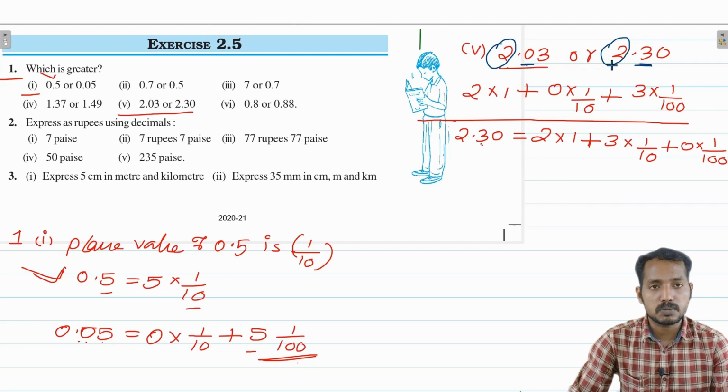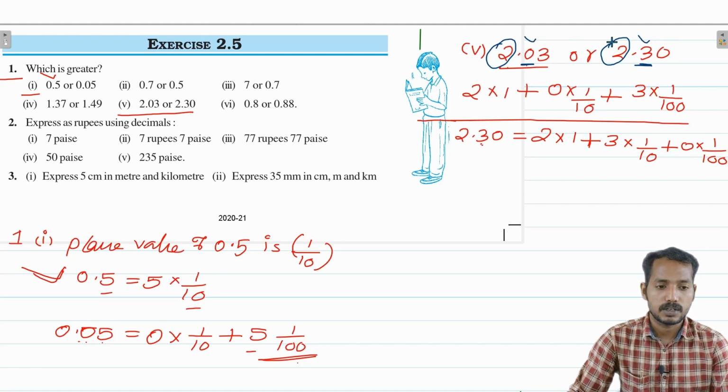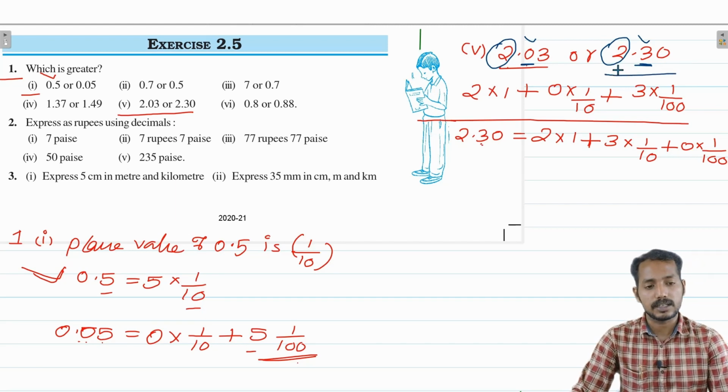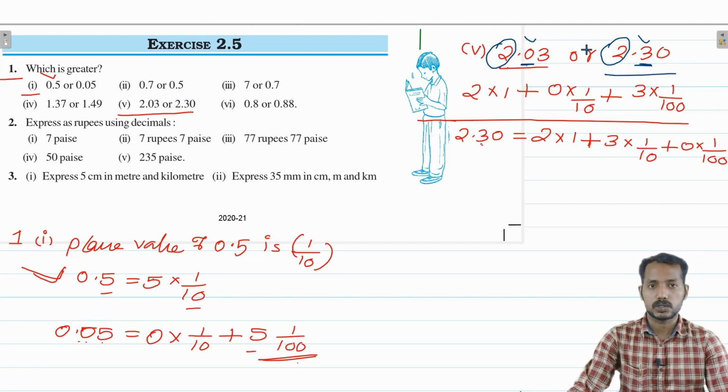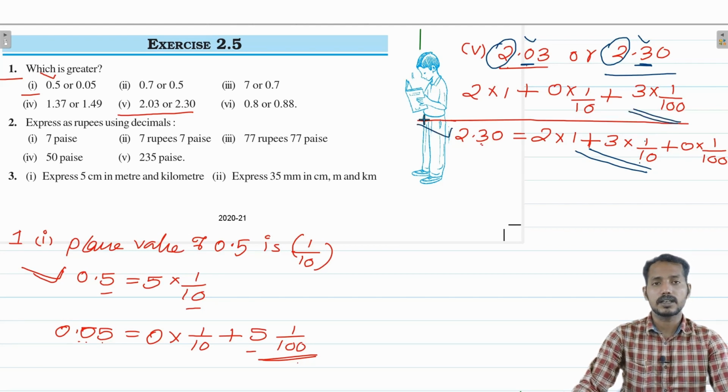In the 10th place, the digit 3 in the second number is greater than 0 in the first number. So obviously 2.30 is greater than 2.03. Clear? In the first number the place value of 3 is 1 by 100, while here it is 1 by 10, so obviously this number will be greater.